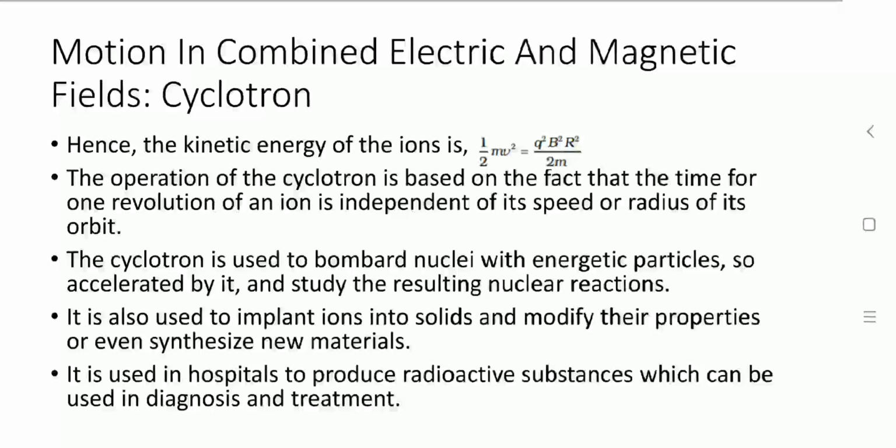That is 1.67 into 10 raised to minus 27 times m, v is 3.78 into 10 raised to 7, squared, that is 14.3 into 10 raised to 14, divided by 2. And we want the kinetic energy in terms of mega electron volts, so we divide by the value of 1 MeV, 1.6 into 10 raised to minus 13. So that would be equal to 7 mega electron volts.